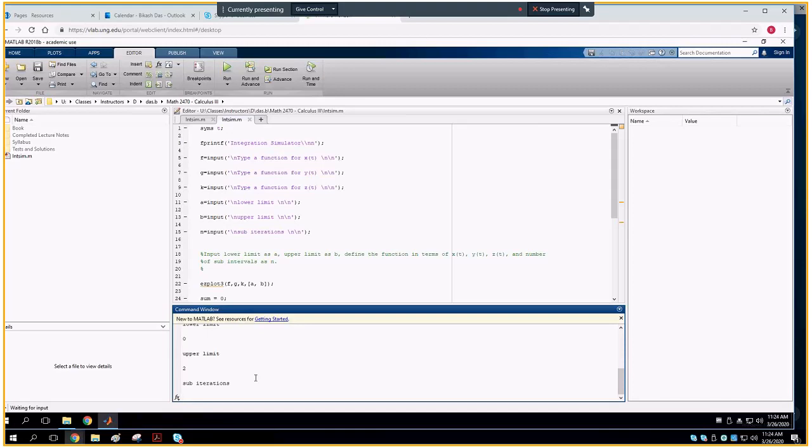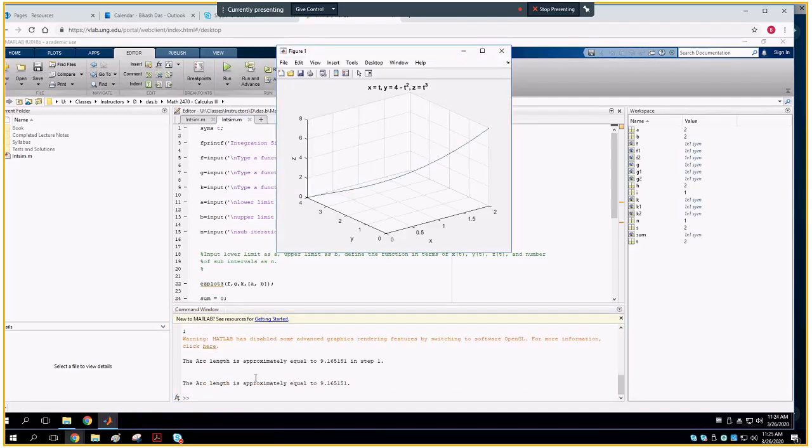So I'm going to put 1 and hit enter. So what it has done, it has given you the graph of the function, and it has also answered your question for the approximate arc length, which is 9.165151. So let us go back to our problem, which we were trying to solve.